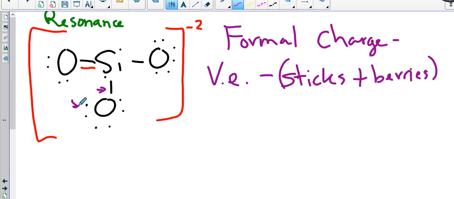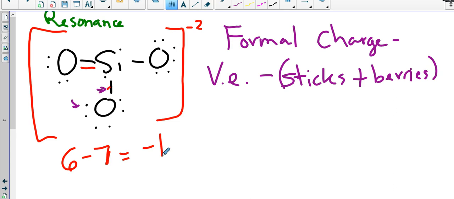So the formal charge on this oxygen atom right here: the valence electrons for oxygen are 6, and it has 1, 2, 3, 4, 5, 6, 7. So the formal charge on that oxygen is -1. This is very hard, very complicated. If you read it in the textbook, you'd be tripping. But I like to take really difficult things and make them very easy.